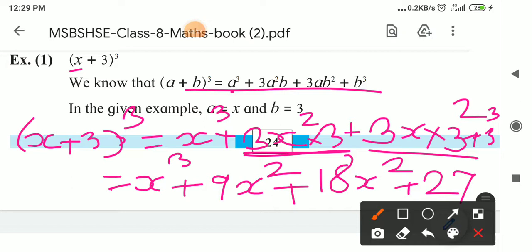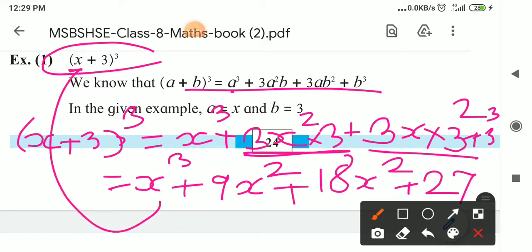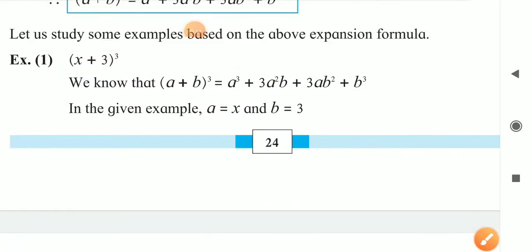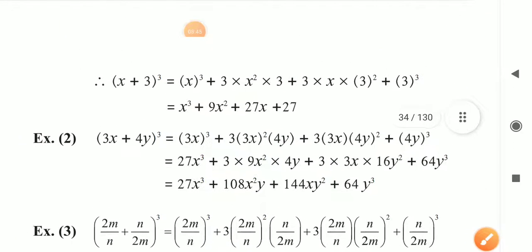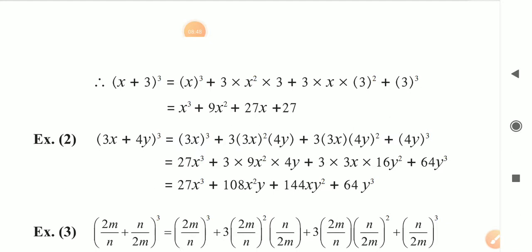So in this way we expand (x + 3) bracket cube by using the formula (a + b) cube equals a cube plus 3a square b plus 3ab square plus b cube. So this is the a cube, 3 into 3 is 9x square, then 18x plus 27 is its answer.